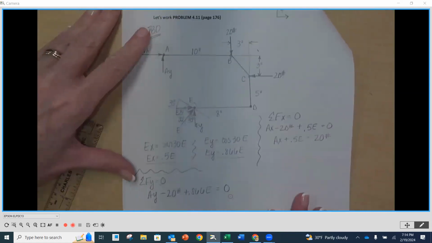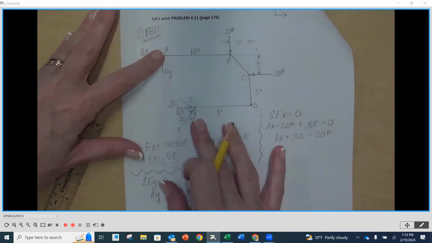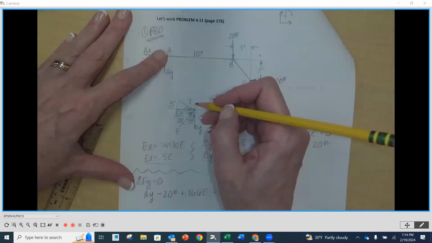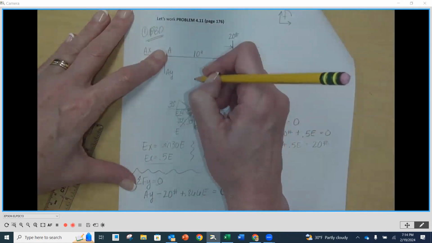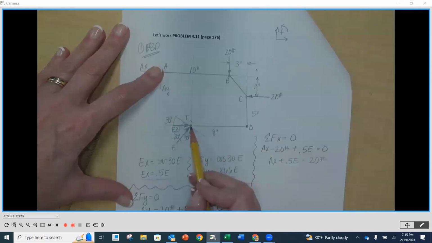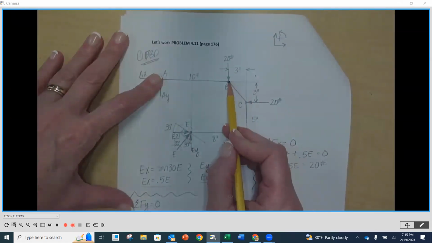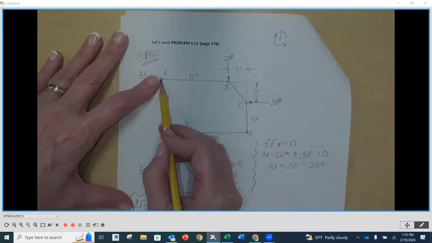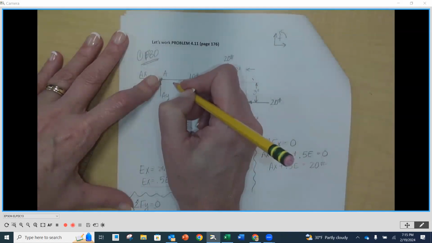And then we have E to deal with, right? So we're going to put our finger on A. Let's start with EY. EY is offset. It's going to cause a rotation. Now, this is where we've got to find our distance. So we have 8 here and then 3 to B. So it's 13 all the way back to A. So 13 minus 8, what would that be?